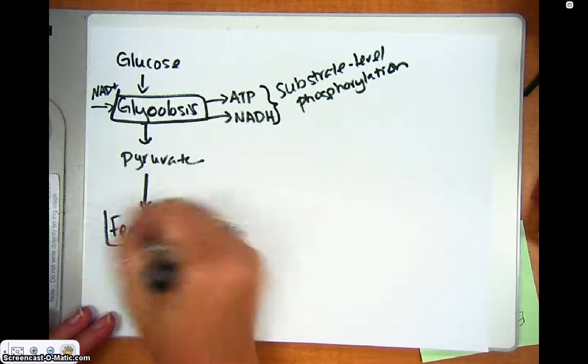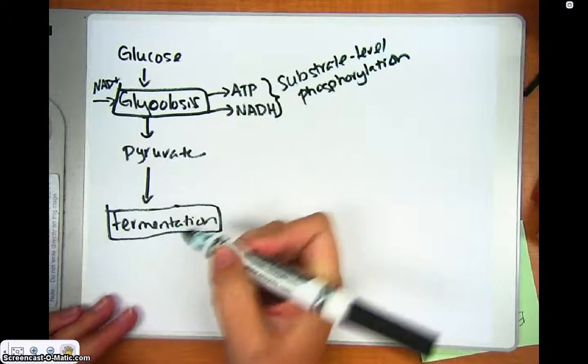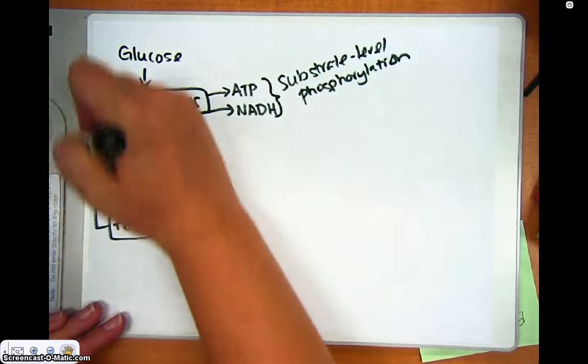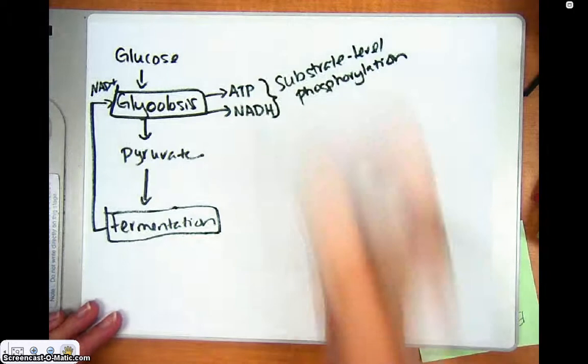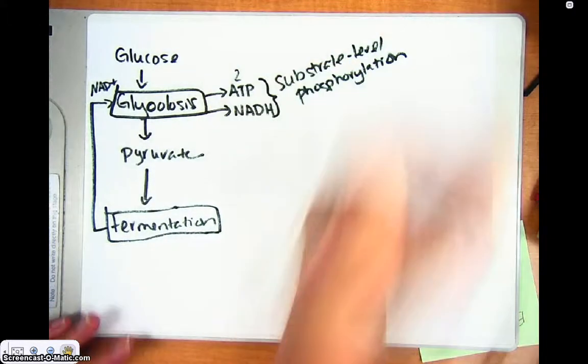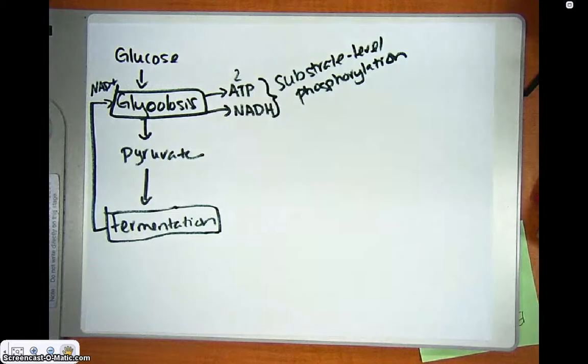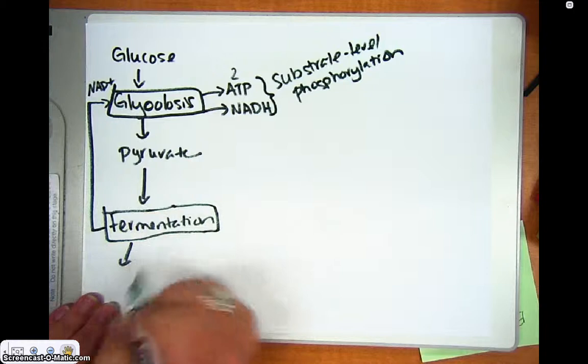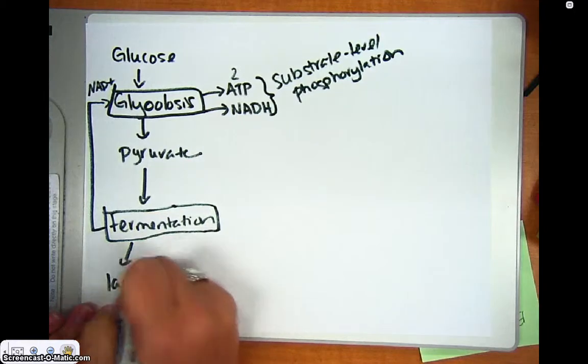The process of fermentation is merely so that we can make more NAD+, so that glycolysis can then happen again, and we can get another little bit of ATP. I think it's something like 2 ATPs, but again, I'm not really concerned with the numbers. As a byproduct of fermentation, either alcohol or lactic acid can be made.